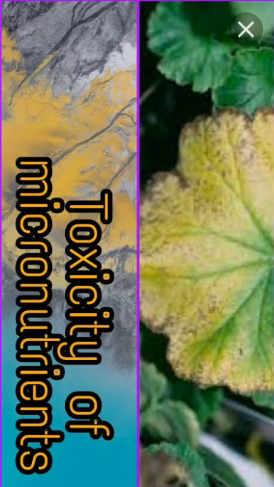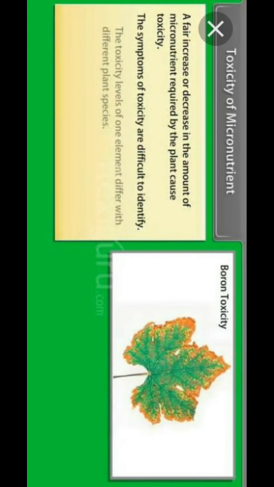Is it clear? Then manganese also inhibits the calcium translocation in shoot apices. Therefore, excess of manganese may in fact induce deficiencies of iron, magnesium and calcium.